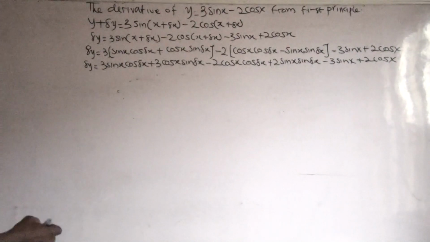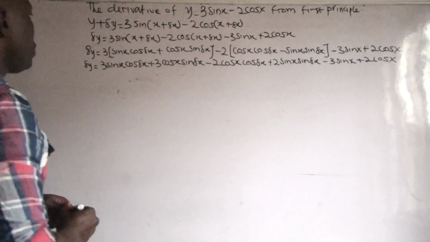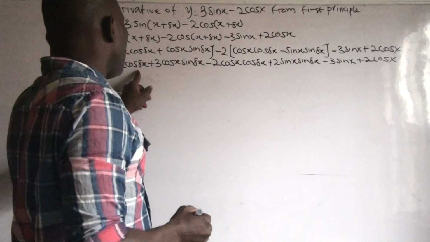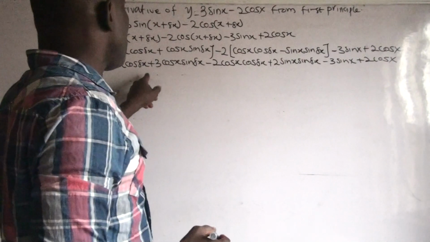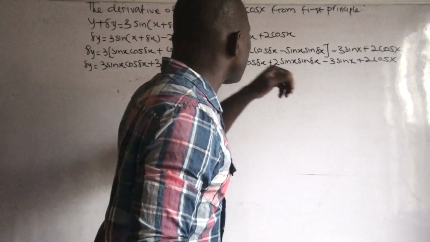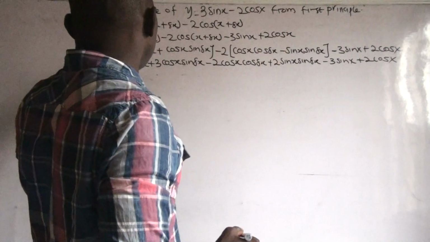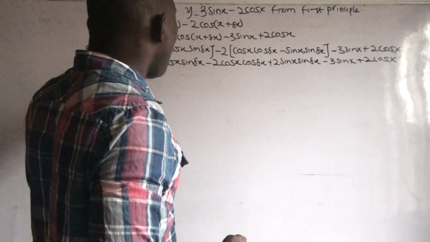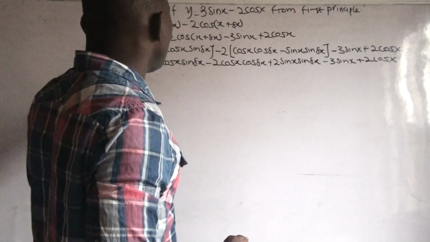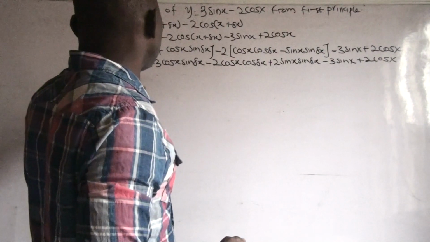All we need to do is look at those terms with sin x. We look at all those containing just sin x, and those containing sin x cos delta x. We factor those, sin x cos delta x.